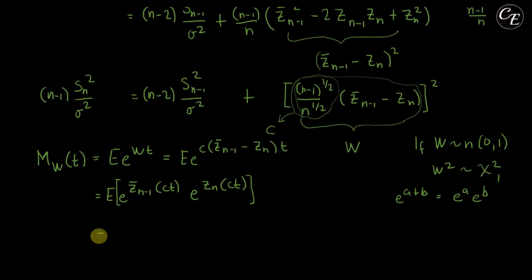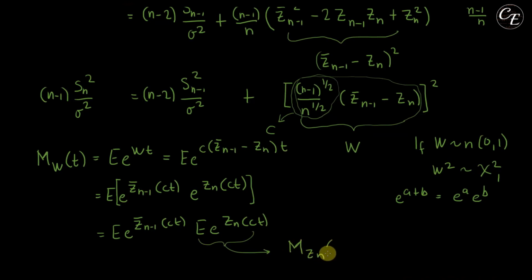So we have here expectation of e raised to z bar sub n minus 1 ct times expectation of e raised to z sub n ct. Now this one has a similar form with the moment generating function formula, so this one will be a moment generating function for z sub n, but instead of t it is ct.